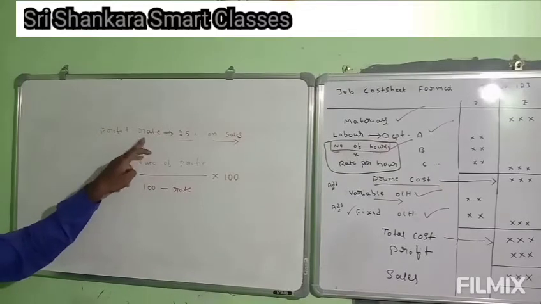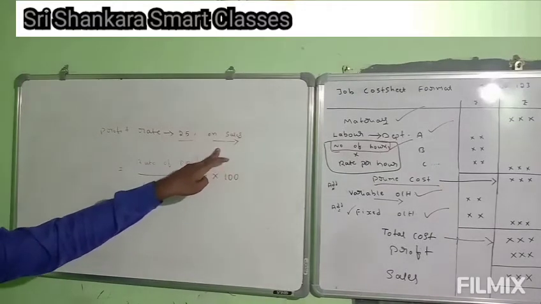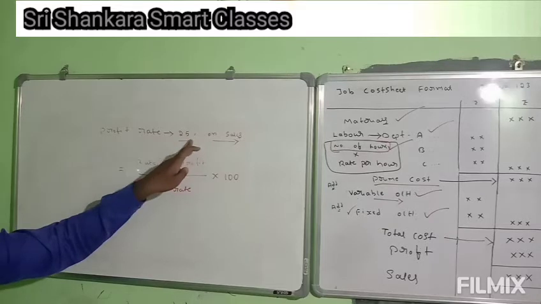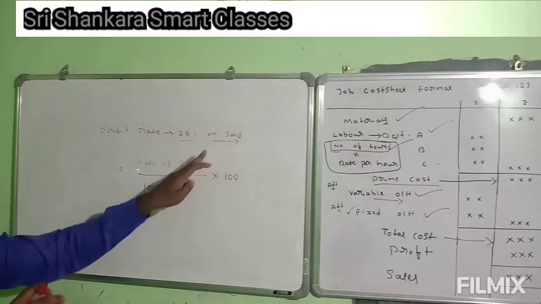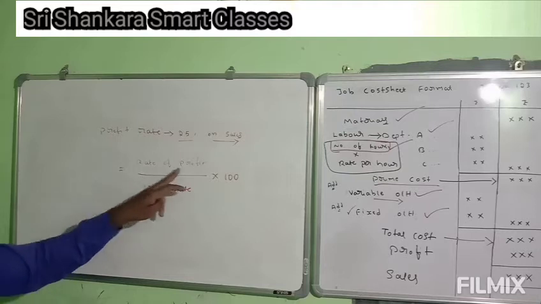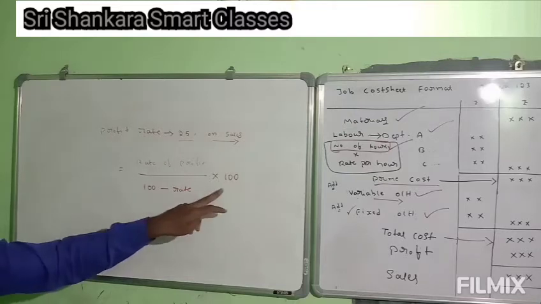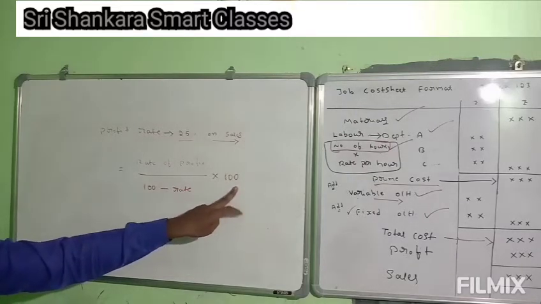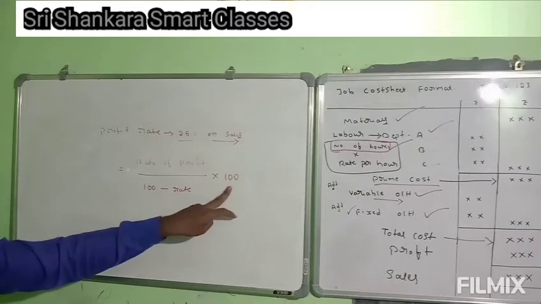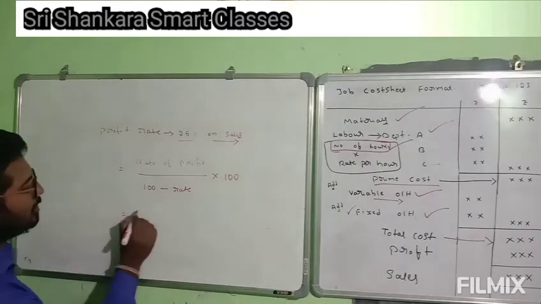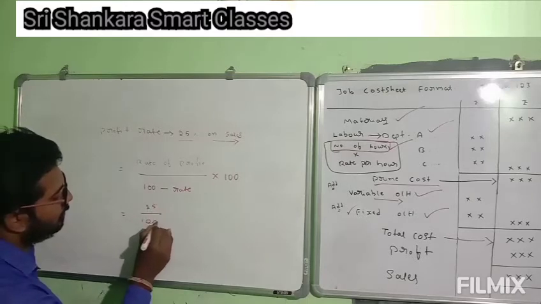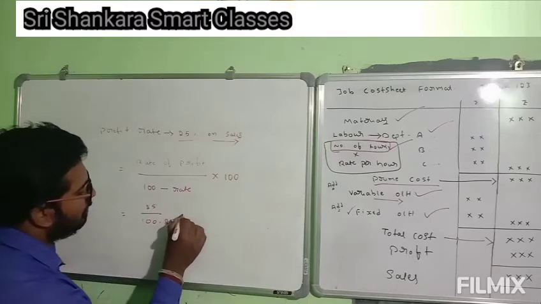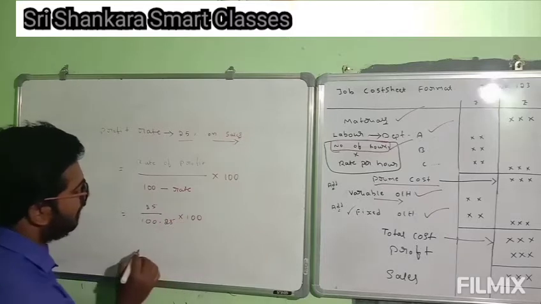Whenever they have given the profit rate on sales, and you are going to find out on cost, you should take rate of profit divided by 100 minus rate into 100. That is, in the question they have given 25 divided by 100 minus 25 into 100.